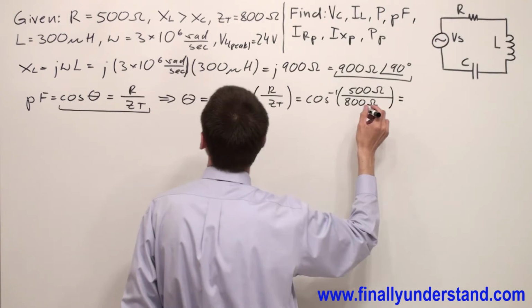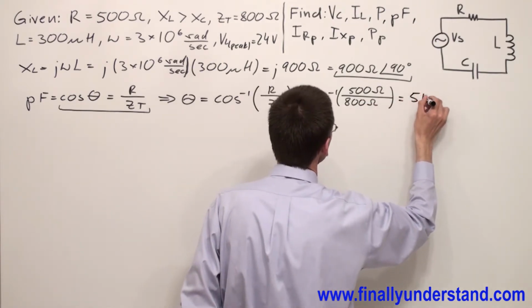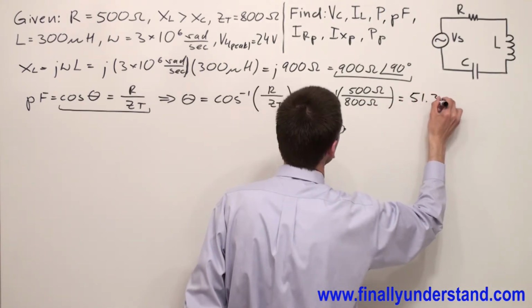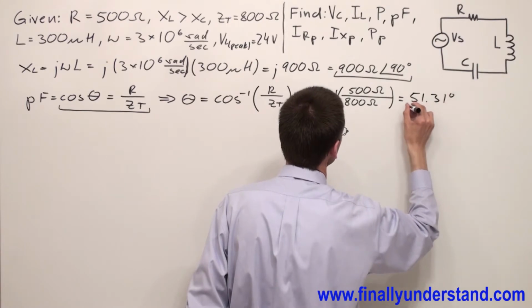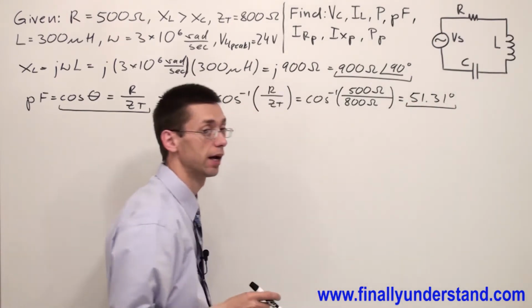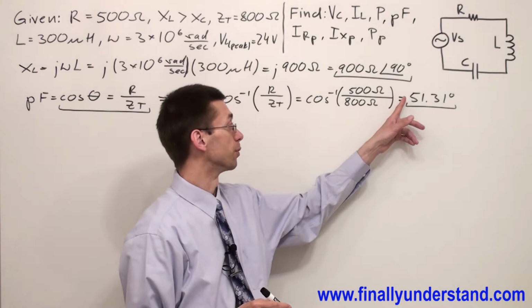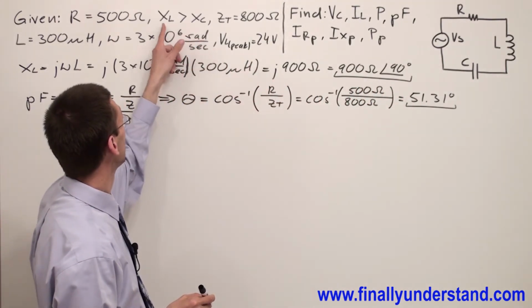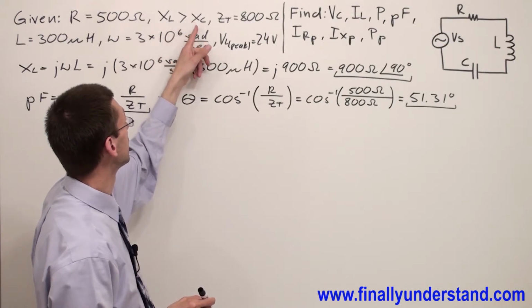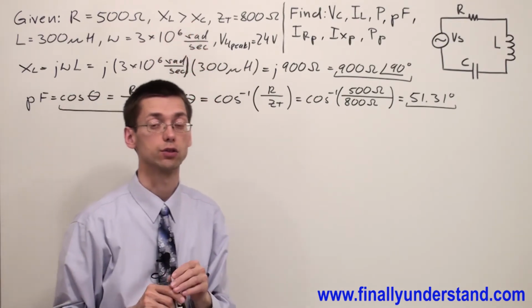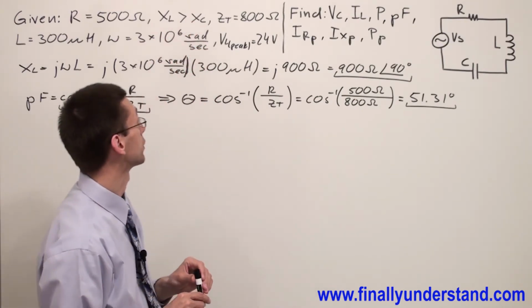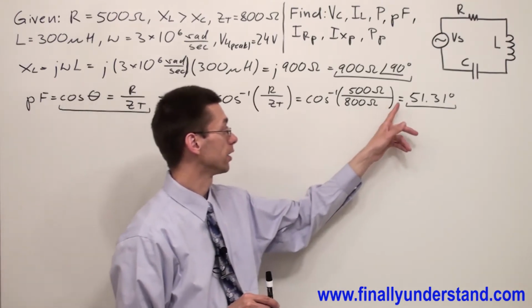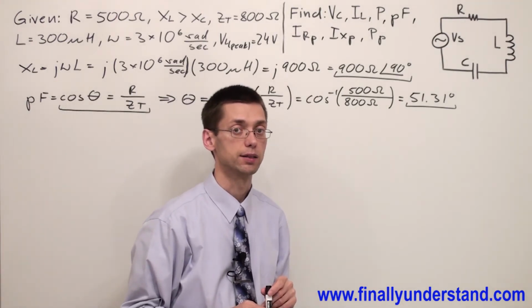Everything is equal to 51.31 degrees. And it's going to be positive, okay, because we have X of L greater than X of C. In this circuit, X of L has to be greater than X of C. So anytime X of L is greater than X of C, the angle is going to be always positive.